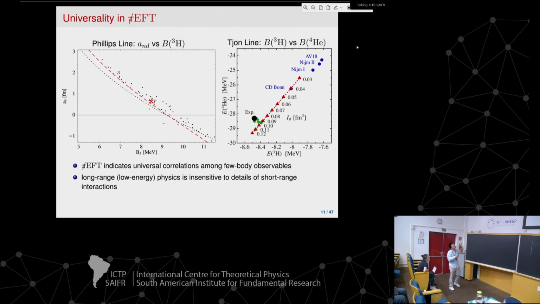And this can also be explained by pionless effective field theory. So pionless effective field theory helps to indicate universal correlations between different few-body observables, and that the long-range or low-energy physics is actually insensitive to the details of the short-range interactions. This is demonstrated by these two pictures.